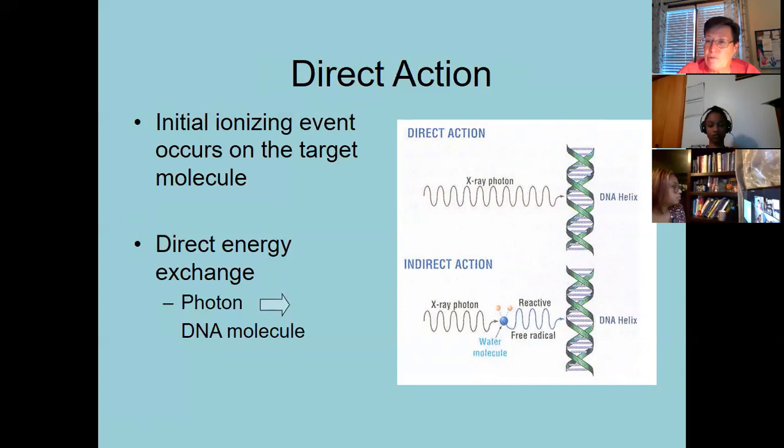There is a direct energy exchange. The photon energy is given directly to the target or to the DNA molecule. So direct action, X-ray photon hits the important molecule and energy is exchanged, biological effects occur.